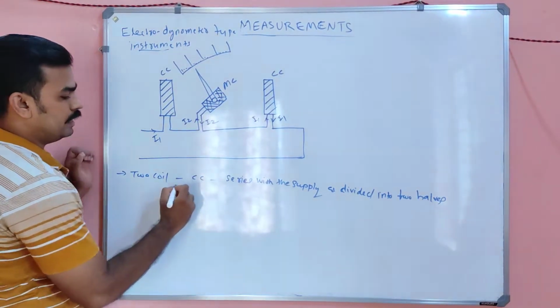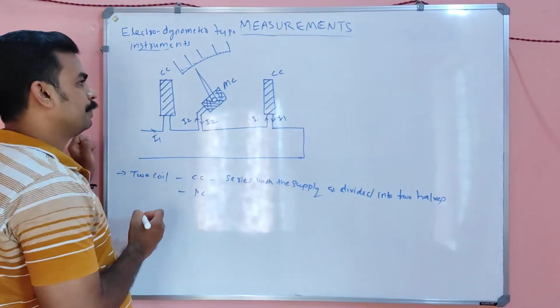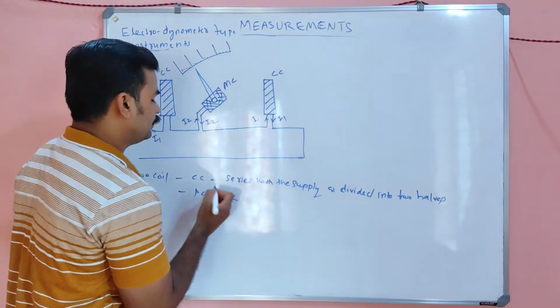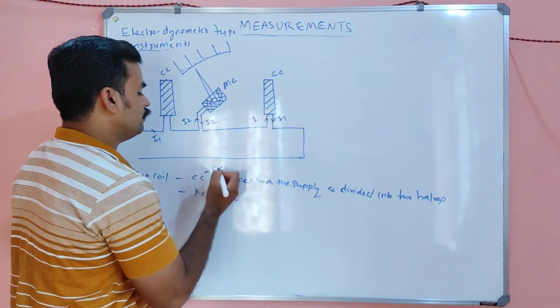And the next coil is called the pressure coil. The pressure coil's other name is moving coil, and the current coil is called the fixed coil.